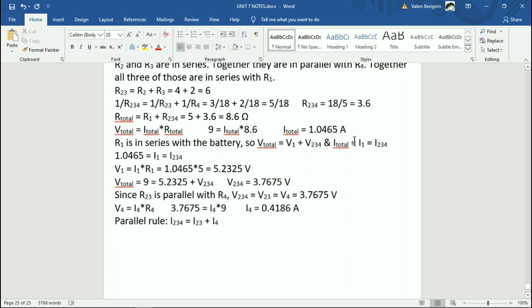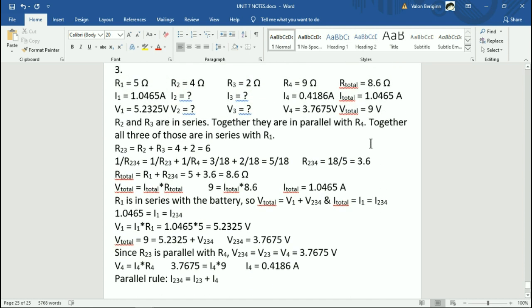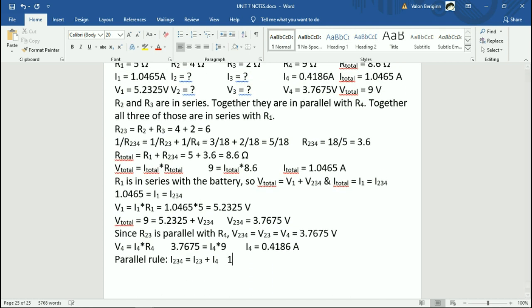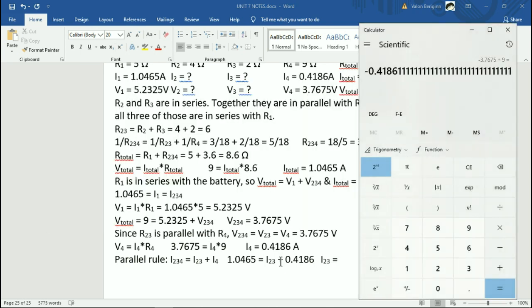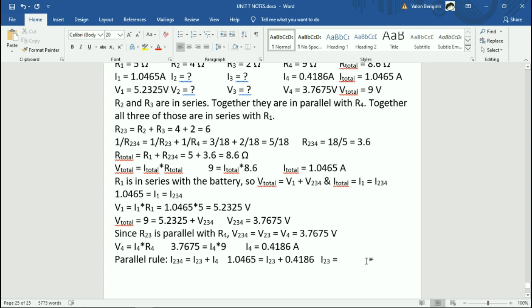I23 is the total here. So 1.0465 equals I23, which we don't have, plus I4, which we do have. So I23 equals 1.0465 minus 0.4186, 0.6279.